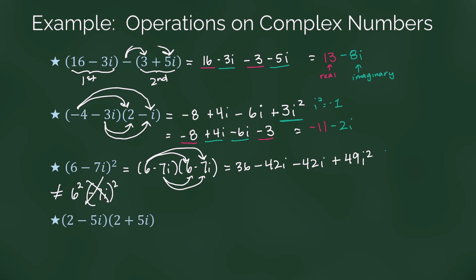But we remember again that i squared is equal to negative 1, which means that this term becomes negative 49. So if we rewrite that, we have 36 minus 42i minus 42i minus 49. Our real terms are 36 minus 49, which gives us negative 13. Our imaginary parts are negative 42i and negative 42i, which gives us negative 84i.